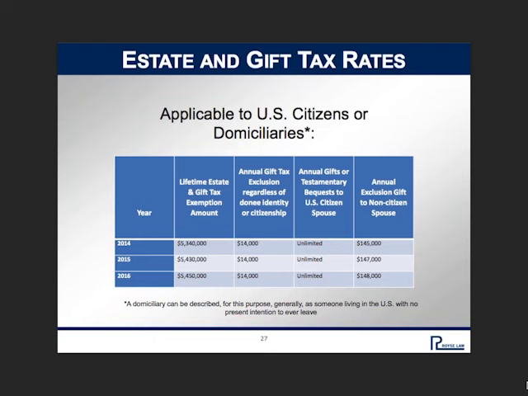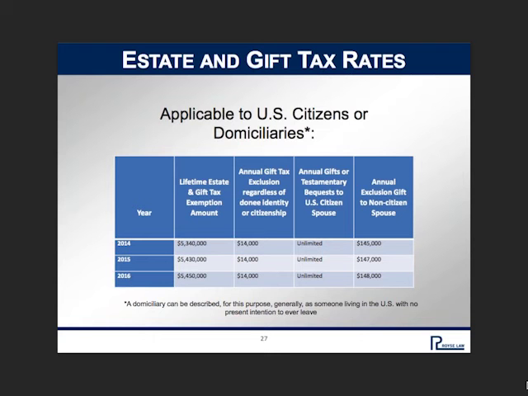In addition, upon my death, I can pass my estate, because I'm a U.S. citizen, to my spouse without any estate tax consequences. If my spouse were not a citizen of the U.S., but were just living here, and even if my spouse is a U.S. domiciliary, so maybe my spouse was born in China and immigrated here when she was 3, but has never gotten U.S. citizenship, maybe she doesn't even speak Chinese, it doesn't matter.